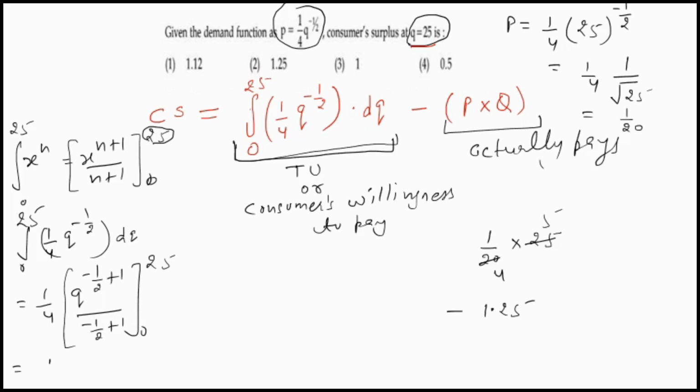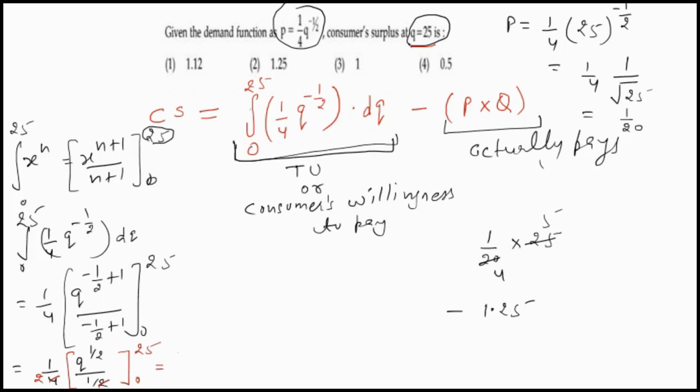So this will be 1 by 4 q raised to power half whole divided by 1 by 2. We can solve this. This 4 will be cancelled by 2. We get 2 here, and the limit is basically 0 to 25.